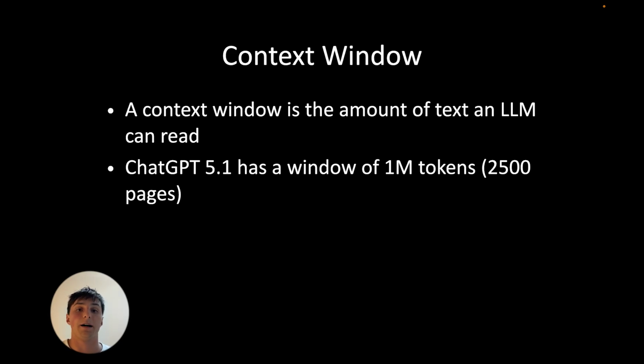So then we have ChatGPT, for reference, like ChatGPT 5.1, it has a context window of 1 million tokens, which translates to about 2,500 pages of text. So if it's under that amount of pages, maybe it's best to just put it all into the model.